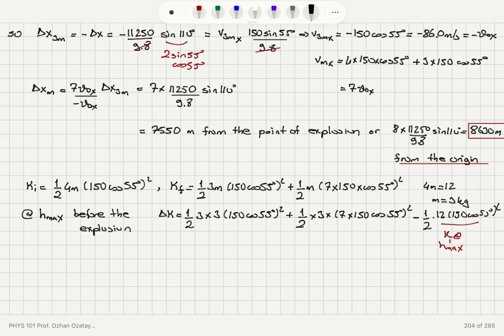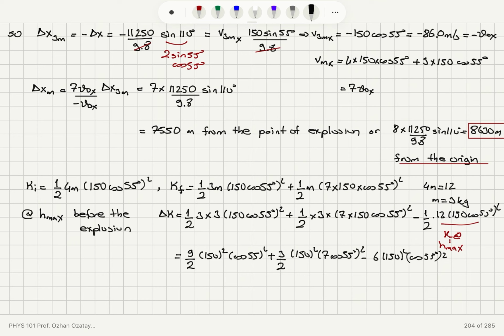And therefore delta K we find to be 9/2 150 squared cosine 55 squared, plus 3/2 150 squared 7 cosine 55 squared, minus 6 150 squared cosine 55 squared.